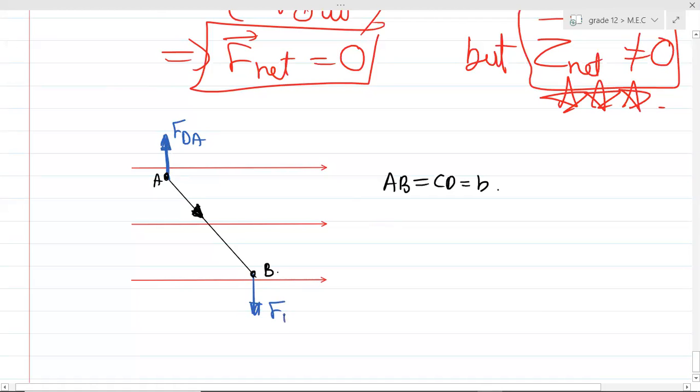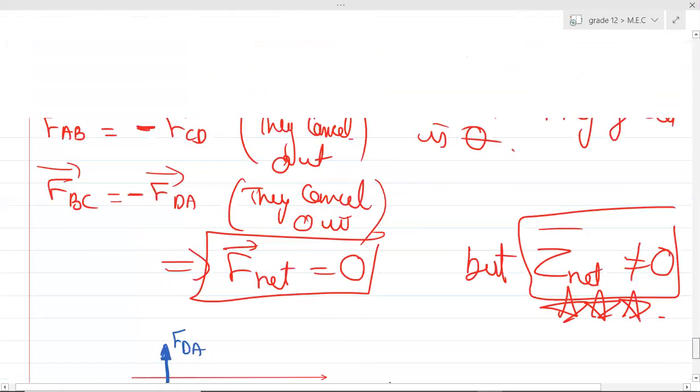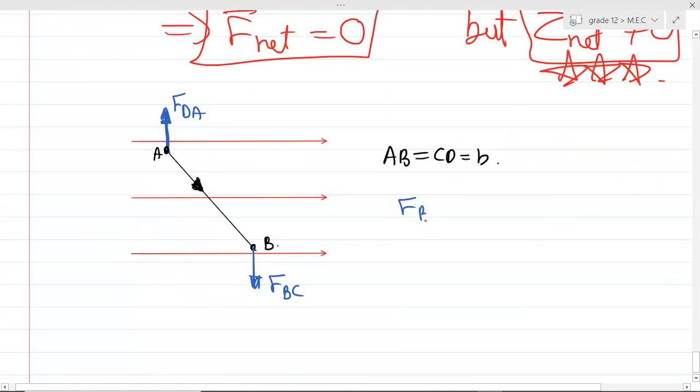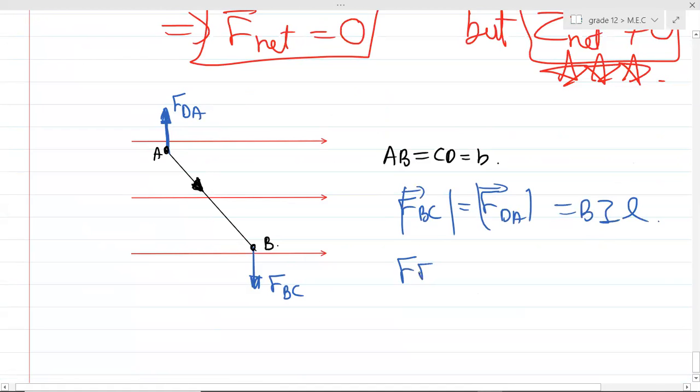Was this the direction of force on BC and force on DA? Yes or no, guys? The magnitude of force on BC and the magnitude of force on DA were both equal and it is equal to BIL.